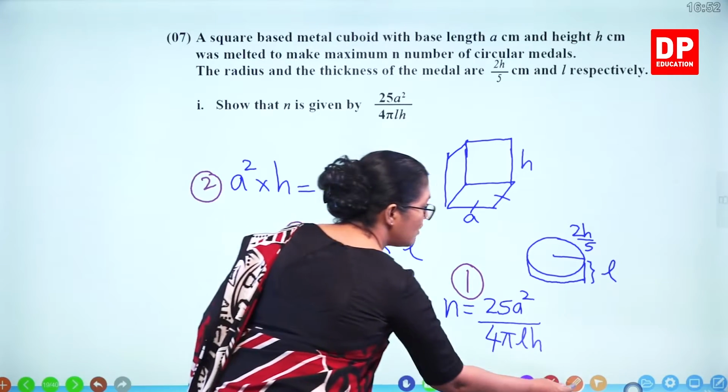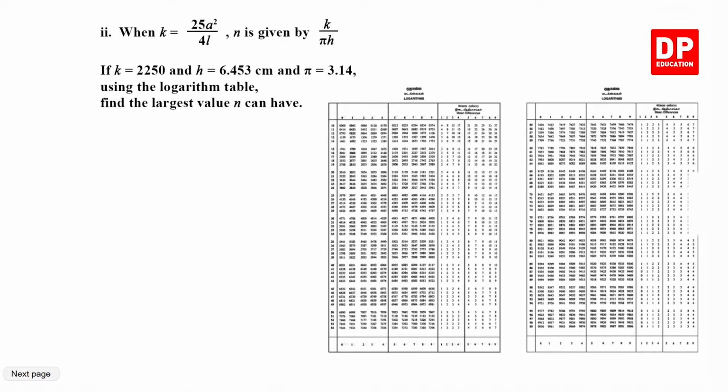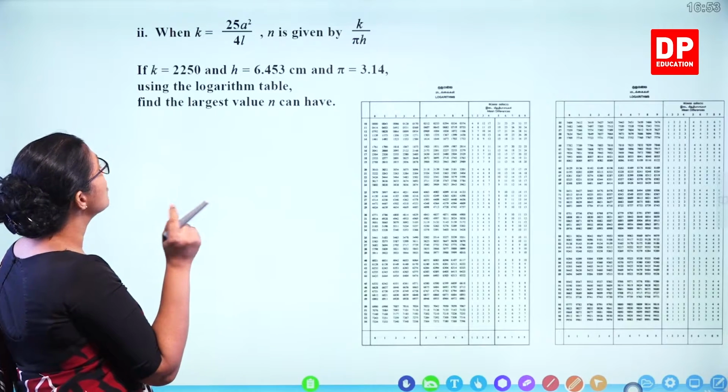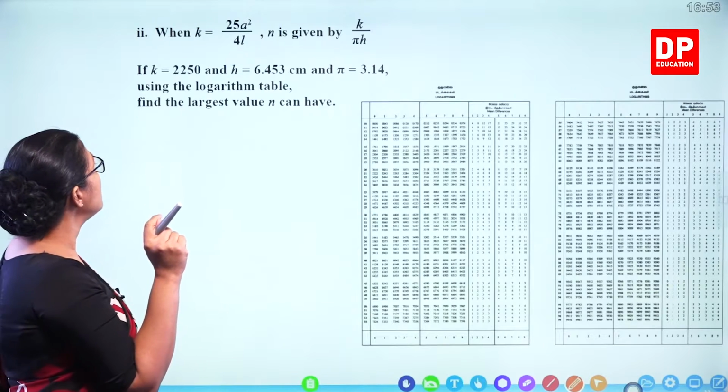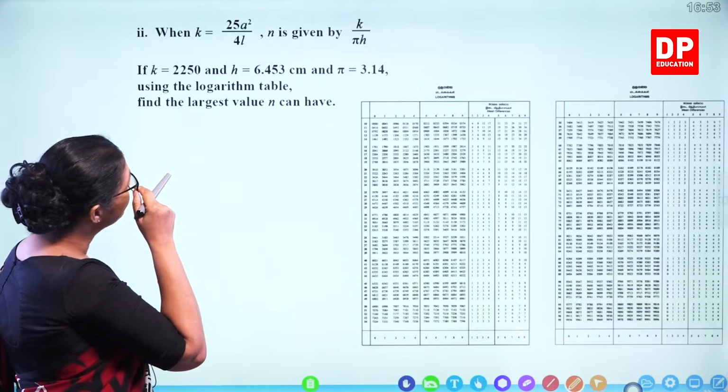And let's look at the second part. When k equals 25a squared over 4l, n is given by k over pi h. If k is this and h, using the logarithm table, find the largest value n can have.